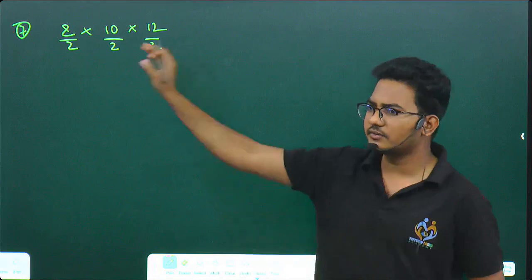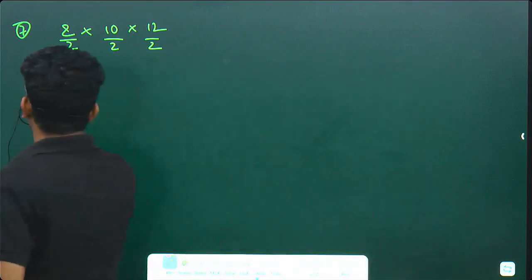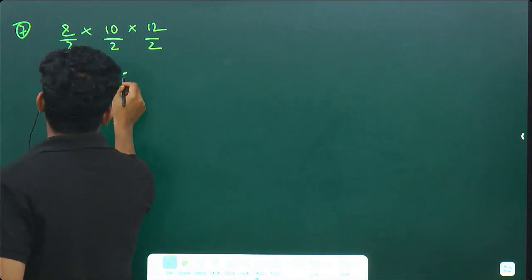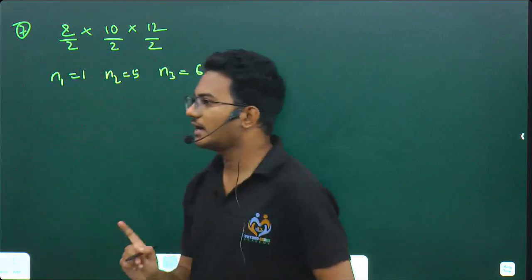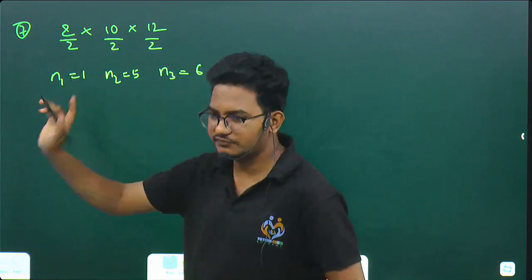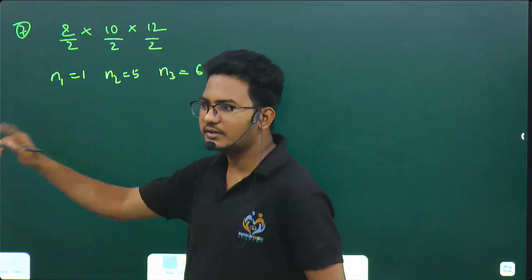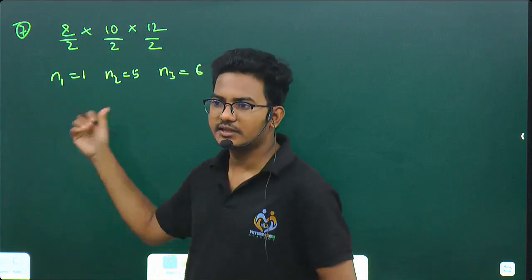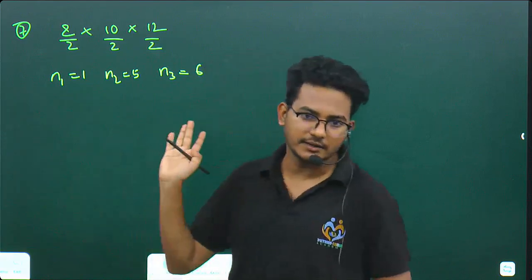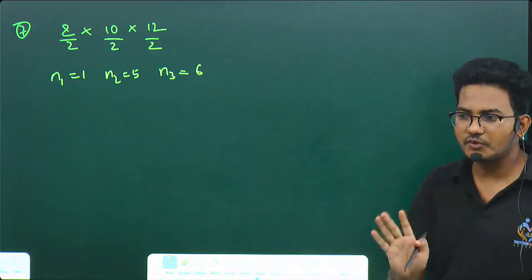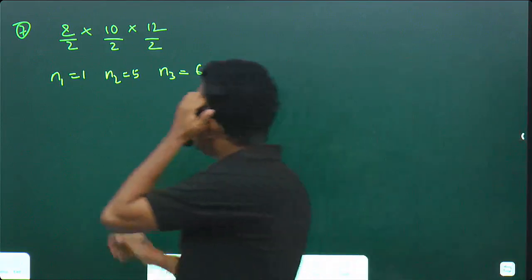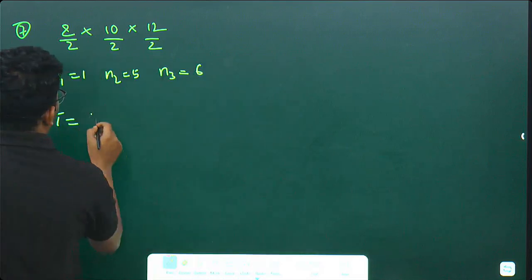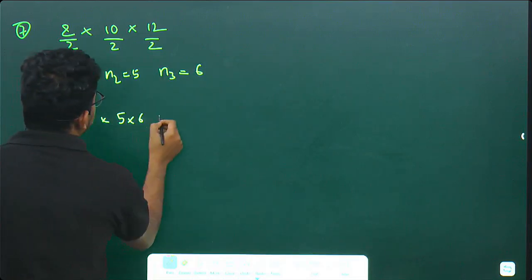Whenever the question comes, immediately find out n1, which is 1, n2, which is 5, n3, which is 6. If you find any one value as 1, then this is the case of 4 surfaces painted. If he's asking total, then 1 into 5 into 6, which is 30.